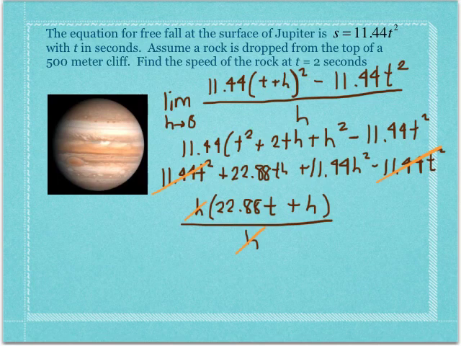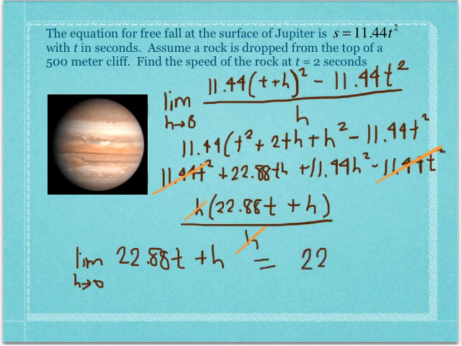So it looks like my speed that I get here is going to be, I'll just write this out a little bit more formally. The limit as h approaches 0 of this whole contraption should be 22.88 t plus 11.44 h. Since h is going to 0, we're going to ignore that or treat it as 0.